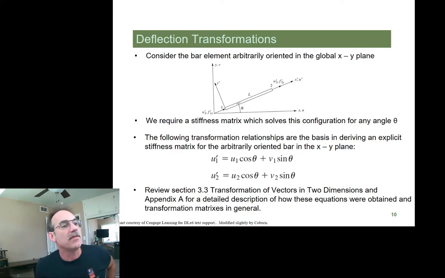If we know that node 1 is at some value u1, v1, then we multiply u1 times cosine theta and v1 times sine theta, and we get the position in local coordinates of our rod. If we do the same thing for node 2, we get this second equation. If you have any trouble with this, you can go back to section 3.3 of your textbook, and Appendix A will help with that.